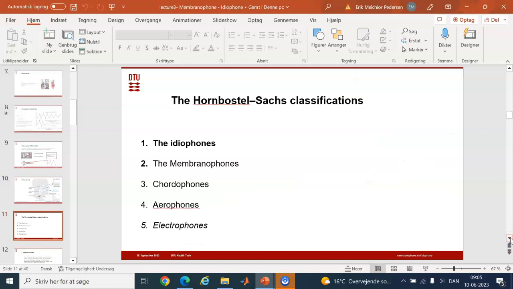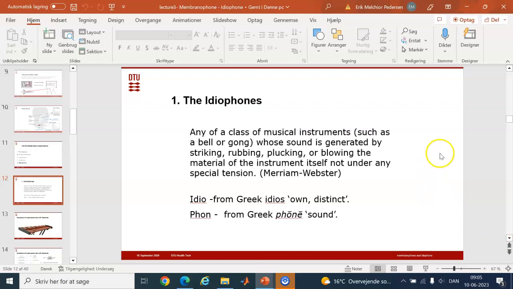So now we go to the idiophones. Definition: any of a class of musical instruments such as a bell or gong, whose sound is generated by striking, rubbing, plucking, or blowing the material of the instrument itself, not under any special tension.